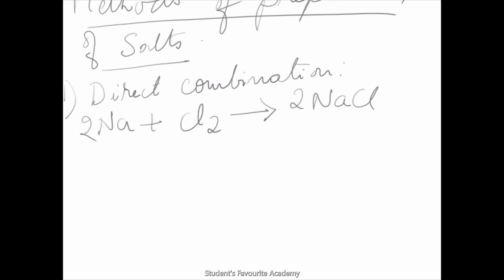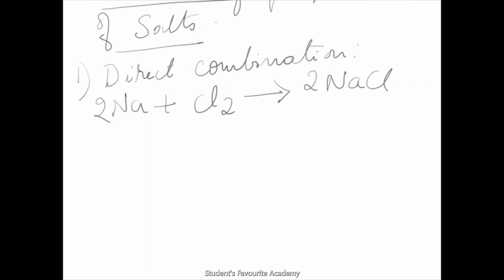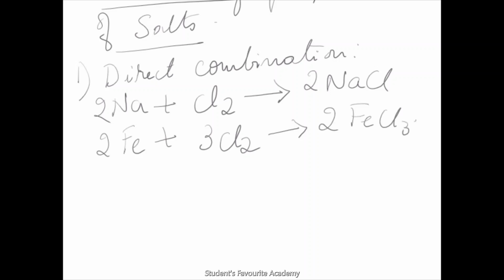When sodium metal and chlorine non-metal react, they form a salt, sodium chloride. Or iron, 2Fe plus 3Cl2. When iron reacts with chlorine, you get ferric chloride, that is FeCl3.